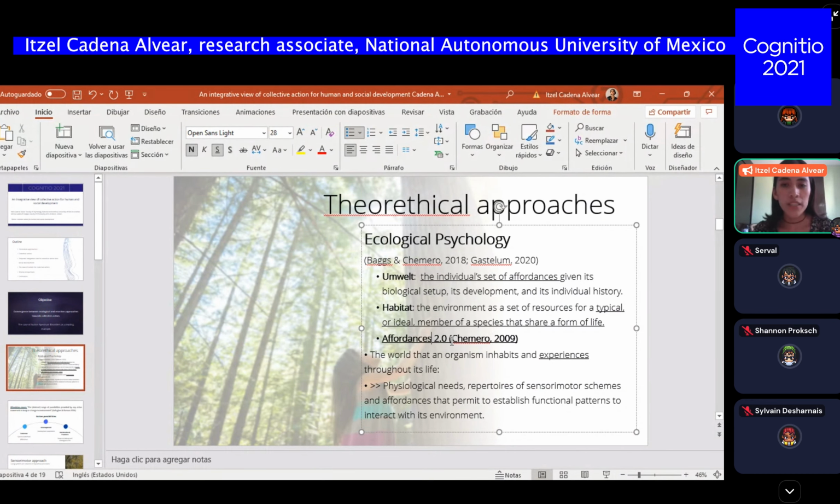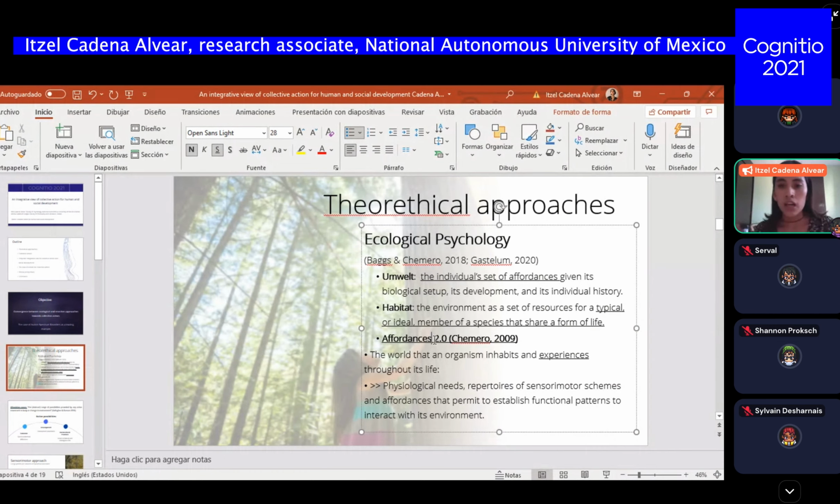Affordances 2.0 is a relational and dynamical way of thinking about affordances, in which affordances and the abilities of the living organism co-interact in real time, and they are causally dependent. As we know, the term affordances was first defined by James Gibson and Eleanor Gibson.